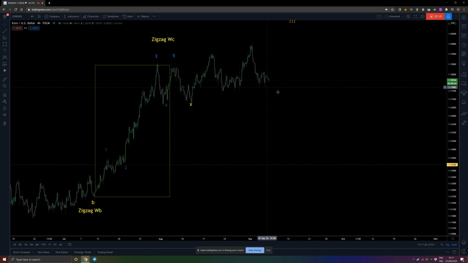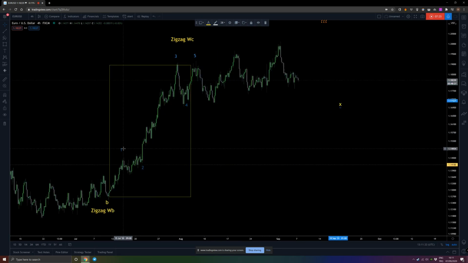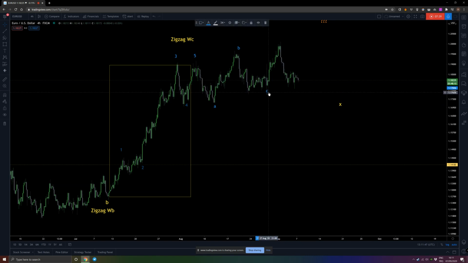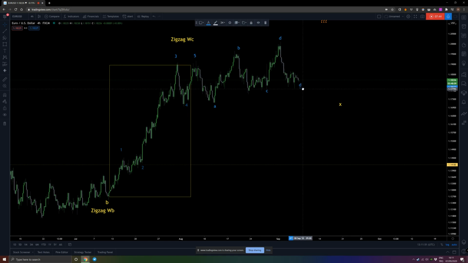Actually, let me show it to you. For example, we can have inside the X wave something like this. So maybe A, B, C, D, and E. Now I would draw something like this.